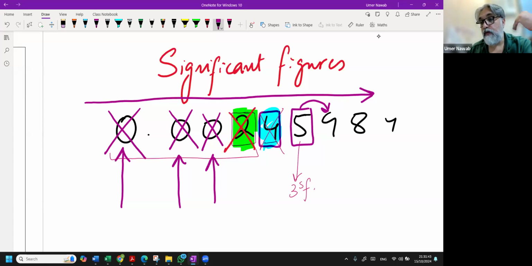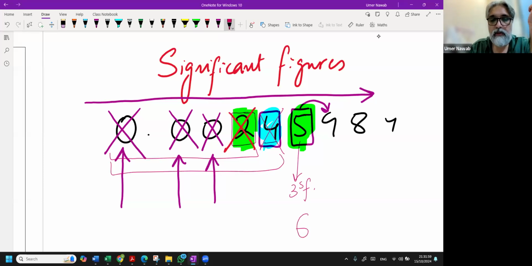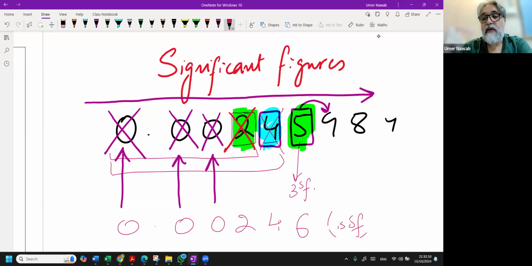Since this number is 5 or more than 5, I have to raise the 5 by 1. So if I increase 5 by 1, I'll get 6. Rather than 5, I'm going to write 6. The rest of the numbers will stay the same, so 0.00246. This number has been rounded to the third significant figure. I hope it is clear.